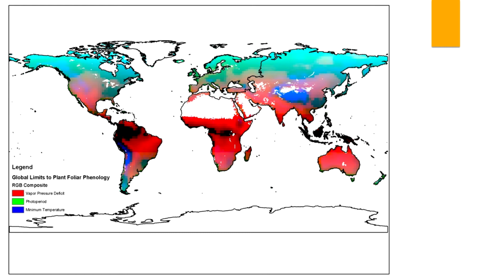And in some places, particularly in the Andes and in the Tibetan Plateau, you can see areas that are purely temperature limited. And then in the tropics, you can see places where only photo period, and in some cases very little seasonality of weather. So you have year-round evergreen plants.